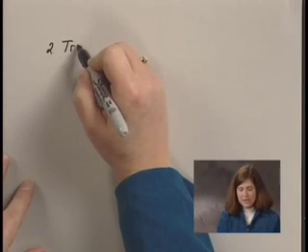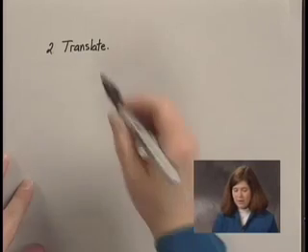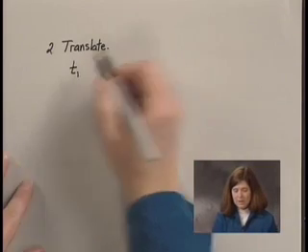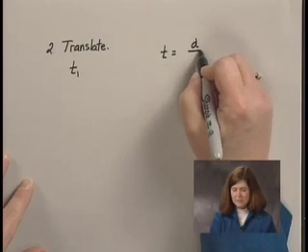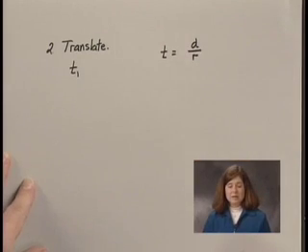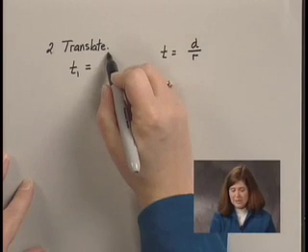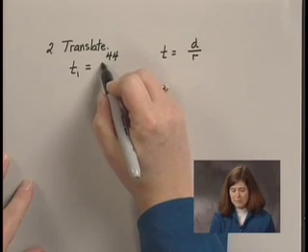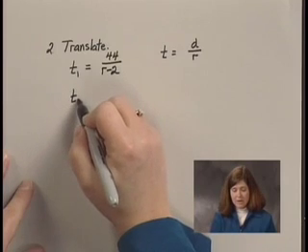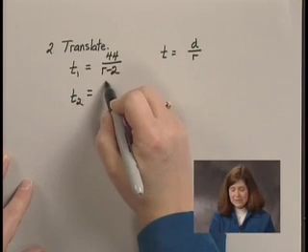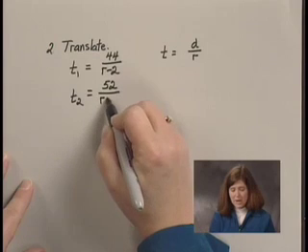And I translate each row of the table. I'm going to use time equals distance divided by the rate or the speed. The first time, or the time upstream, is the distance upstream divided by the rate upstream. The second time, the time downstream, is the distance downstream divided by the speed or the rate downstream.